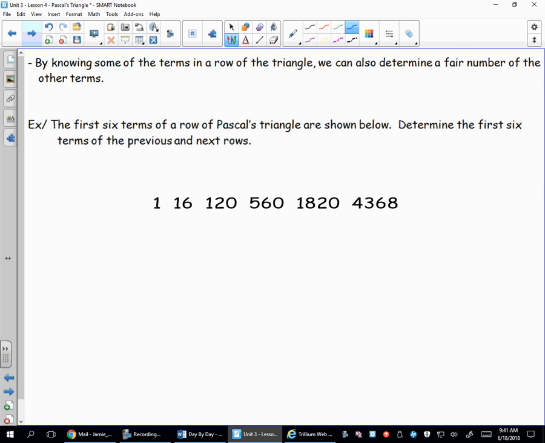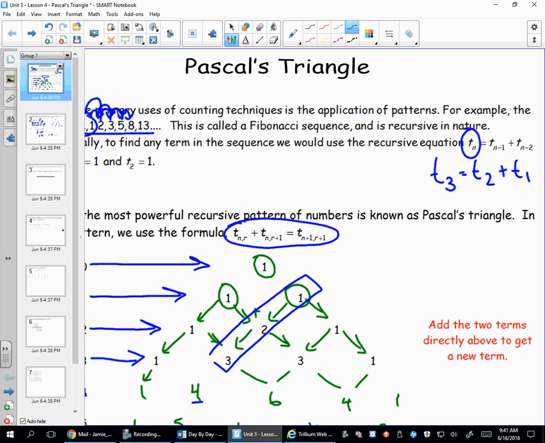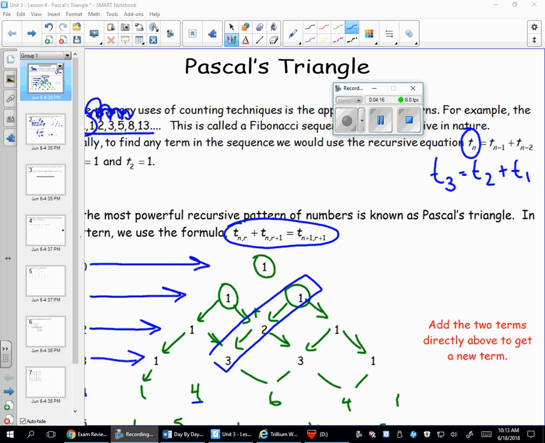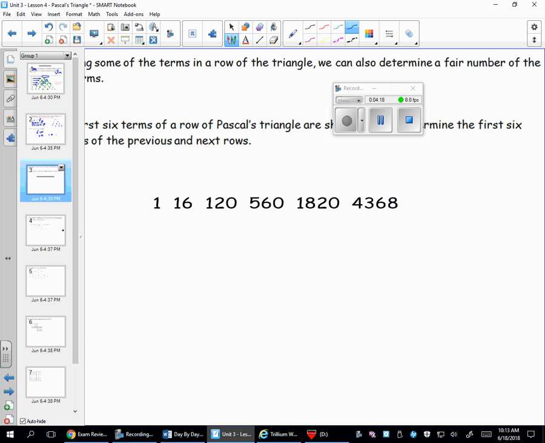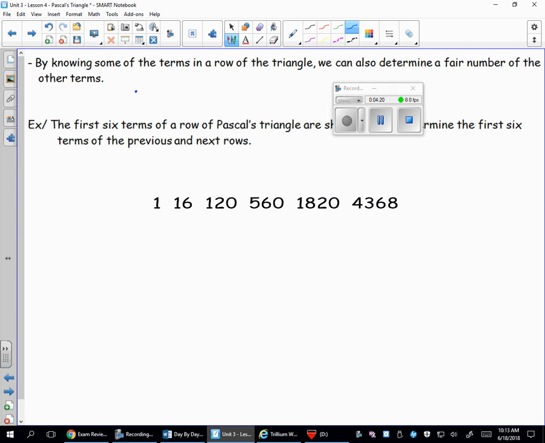Now, there are some other things I can figure out about rows. If I know some of the terms in the row, I can get a pretty good idea of the rest of it. If I go back to the triangle for a second, I don't know if you noticed it, but these rows are symmetrical. So we're talking about symmetry.